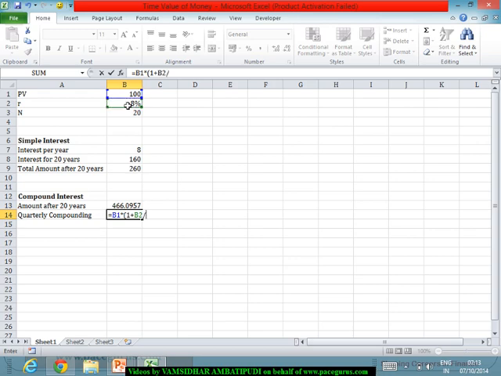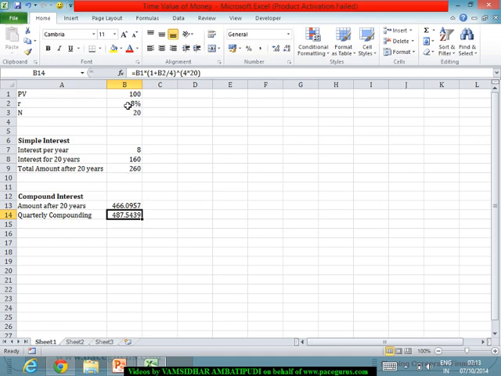But I divide that by the number of compounding periods in a year. When I say quarterly compounding, there will be 4 compounding periods in a year, to the power of 4 compounding periods in a year, and I am talking about 20 years. So if a quarterly compounding is being done, the same amount is going to be 487, almost $21 higher for the same $100 deposit.